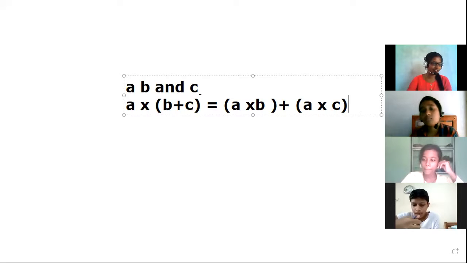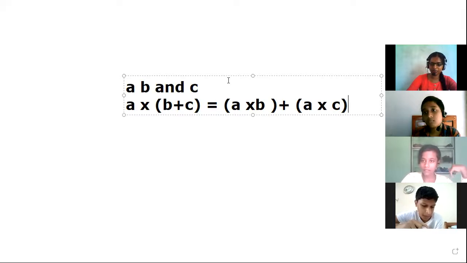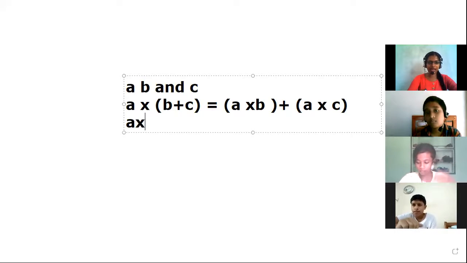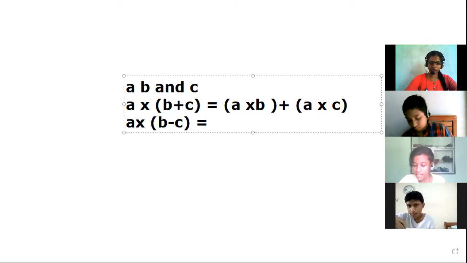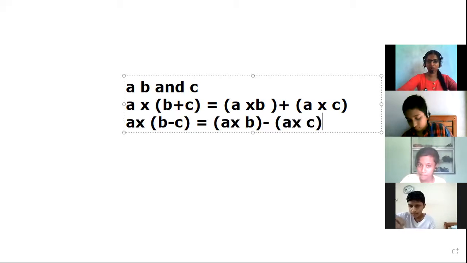That is given in your textbook, page number 13, in a side column as A into B plus C and A into B minus C. Here we have written A into B plus C. Now we have to write A into B minus C, which is equal to A into B minus A into C.